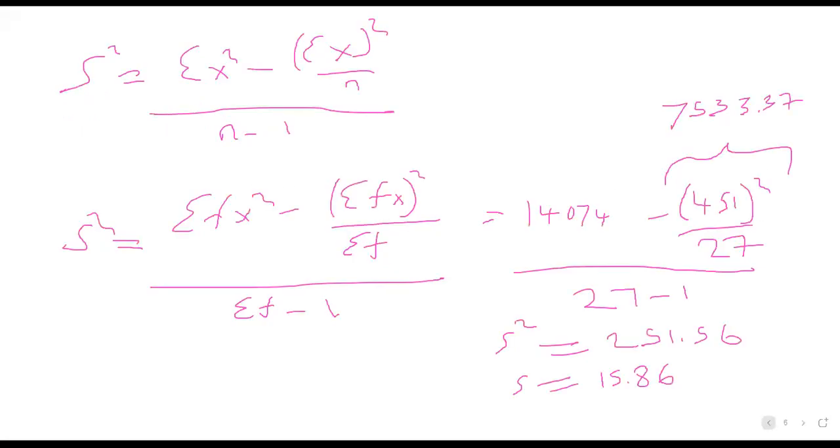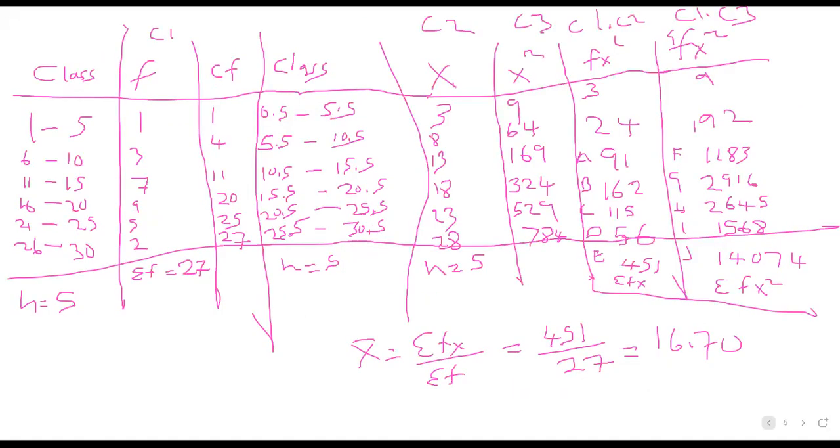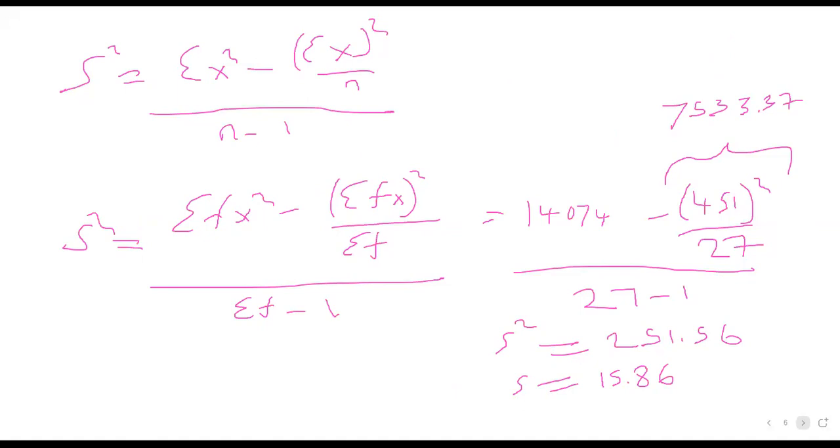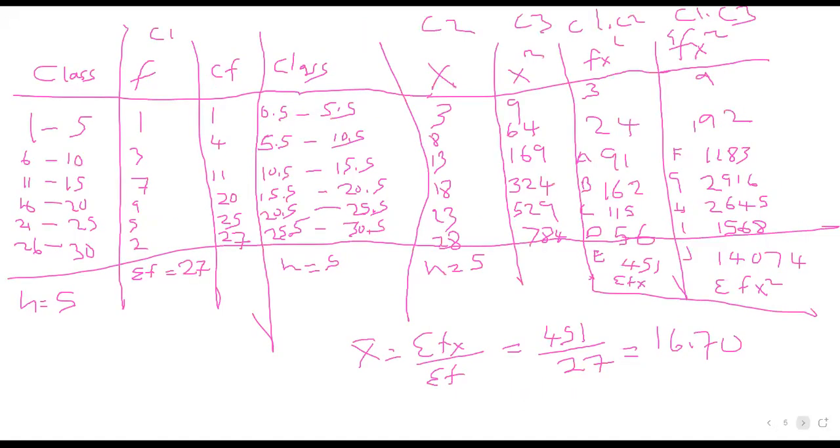Then the coefficient of variation is simply the standard deviation over the mean times 100. So what was our standard deviation? 15.86, and our mean 16.70. 15.86 over 16.70.